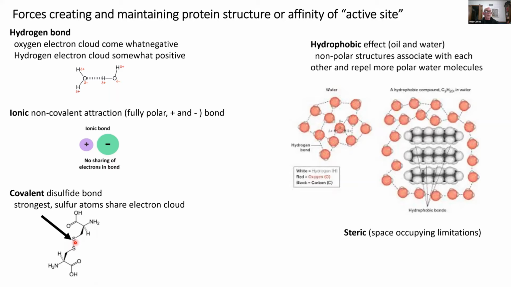This is an example of a covalent bond, a representation of it, where these two sulfur atoms are actually bonded covalently to each other. This is the strongest bond, and it's less common. And then there's something that may be less evident, and I think it's interesting, which is called a hydrophobic bond.